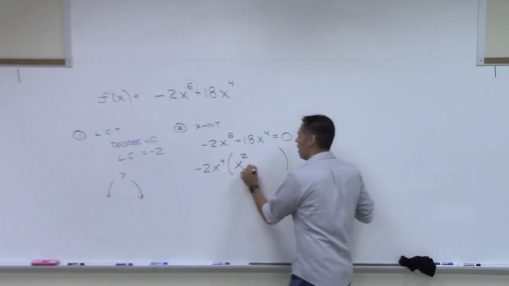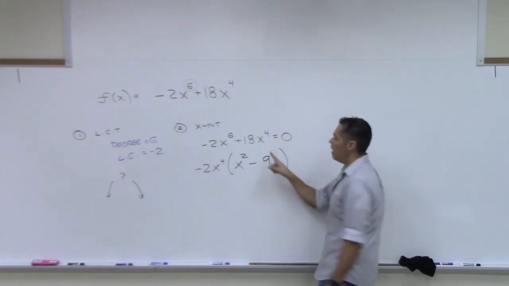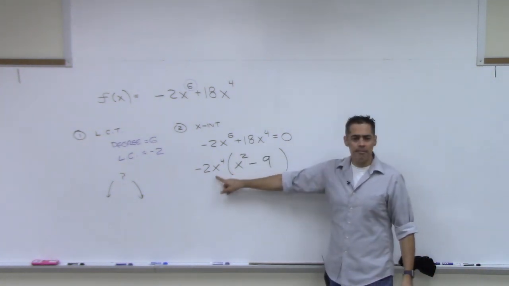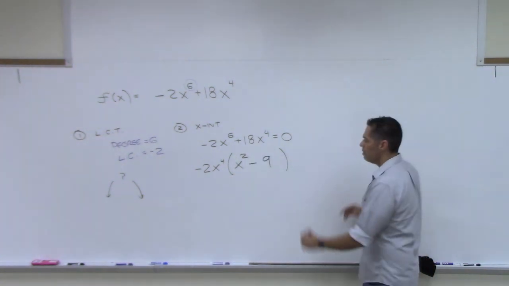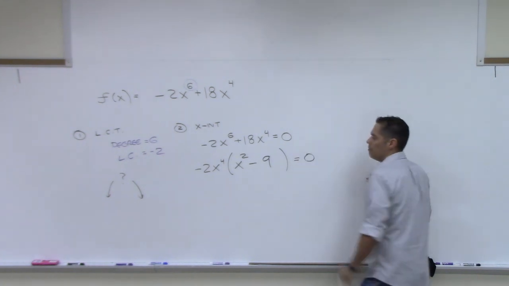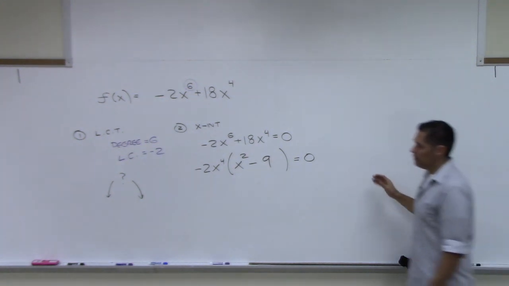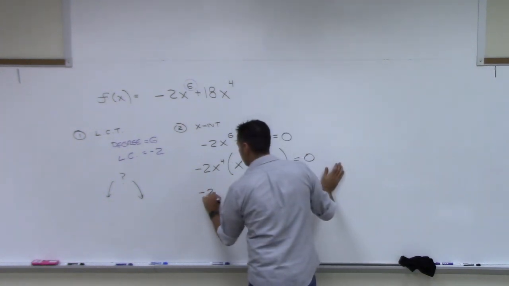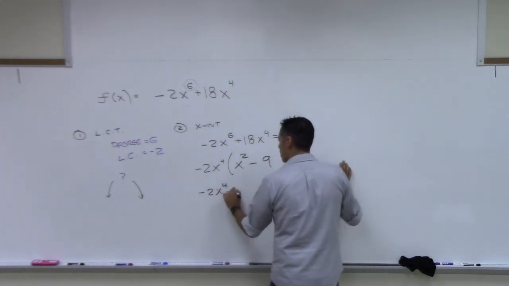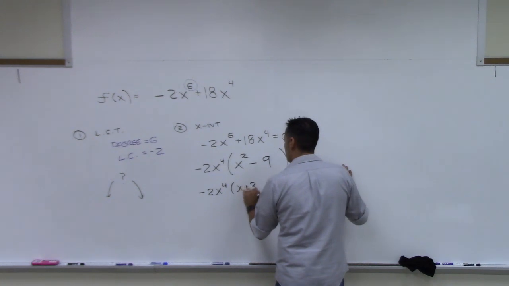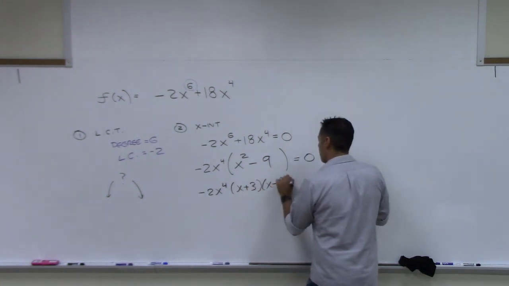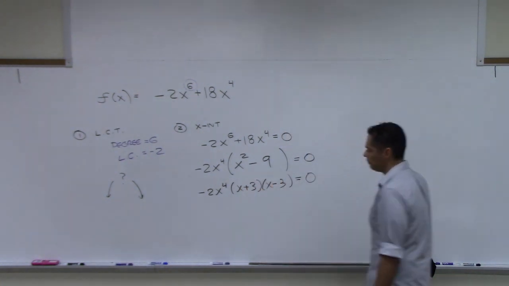Negative 9, so I have minus 9 here. And then I pulled all 4 x's out, so that's what I have left in there: x squared minus 9. You see that and it should trigger, oh, I recognize that as difference of squares. Yep, good. So negative 2x to the fourth, then this turns into x plus 3, x minus 3 equals 0.